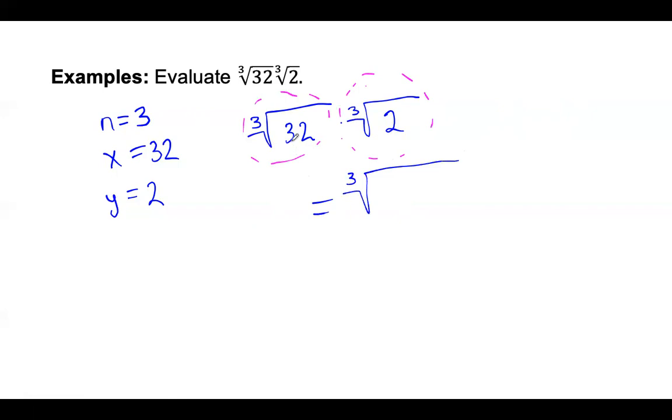So we apply the rule. 32 times 2 is 64. And then we can evaluate this. What number to the power 3? Yes? 4. Perfect. That's it. 4 is the number raised to the third power that gives us 64. So it's just applying that rule.